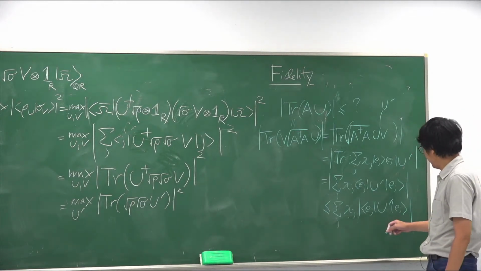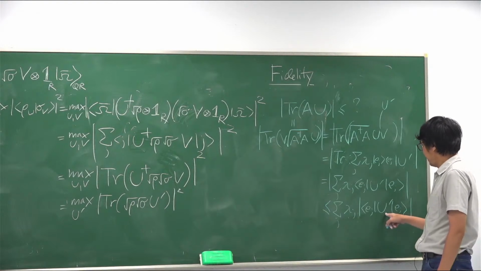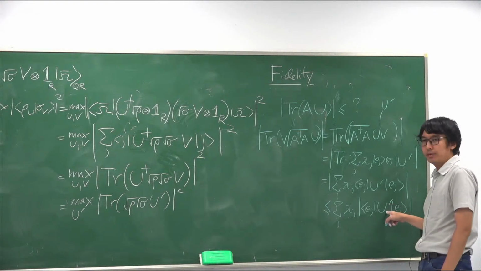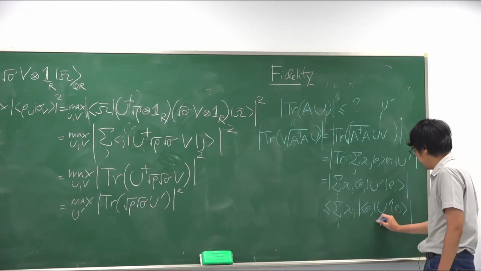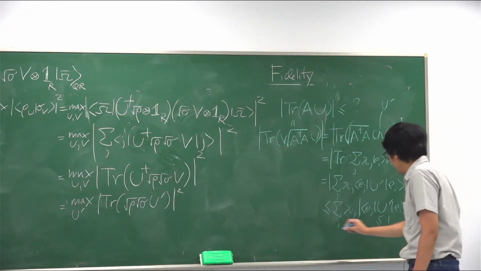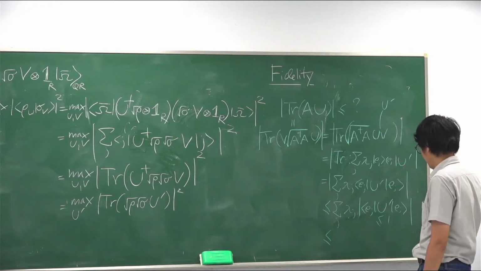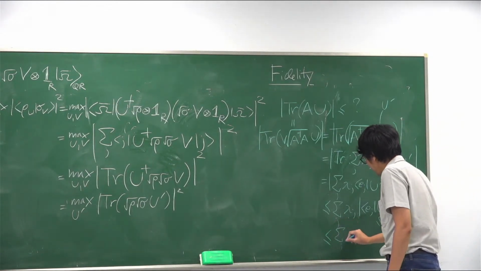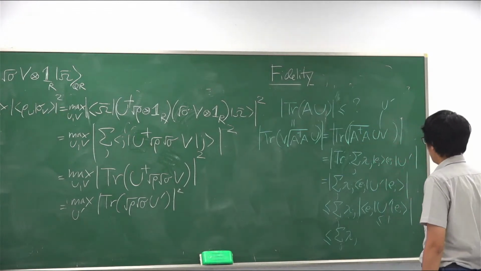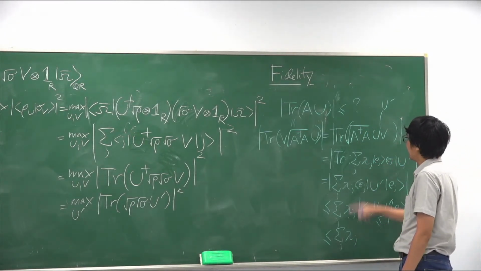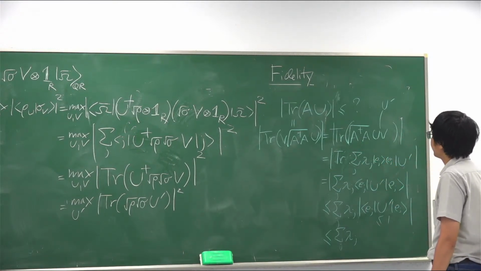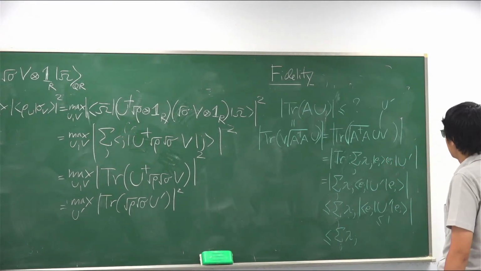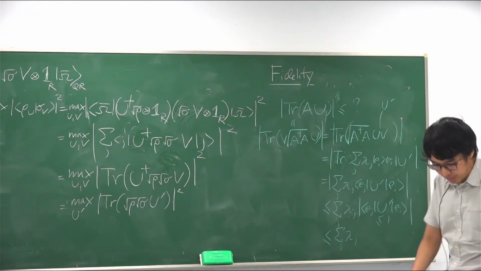And then this, since the modulus of the eigenvalues of the unitary operator is at most 1, this is at most 1, and so this would be the sum of the eigenvalues of the positive part here. And so what do we get here?